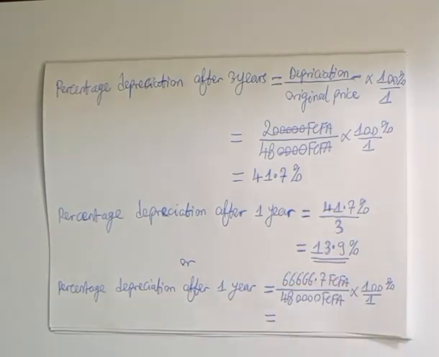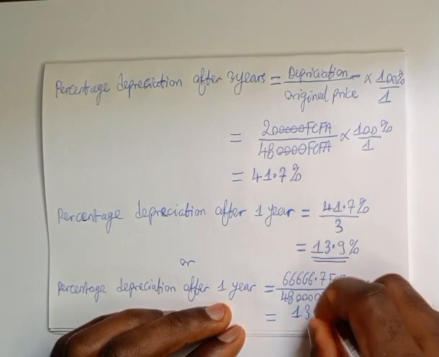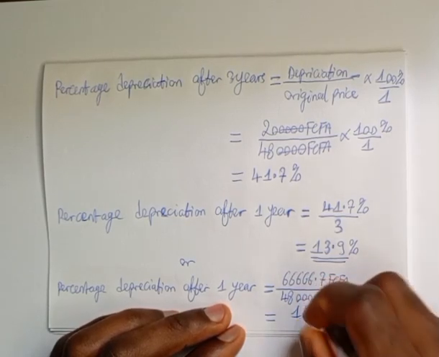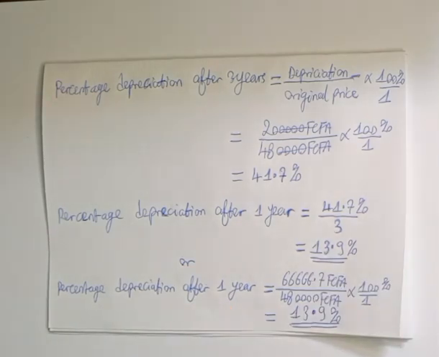This will simply be equal to, if you divide 66,666.7 by 480,000, it gives us 0.139 to 3 decimal places. Multiplying the result by 100 gives us 13.9% to 1 decimal place, which is the same result.